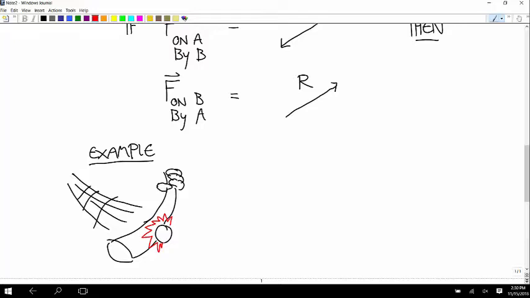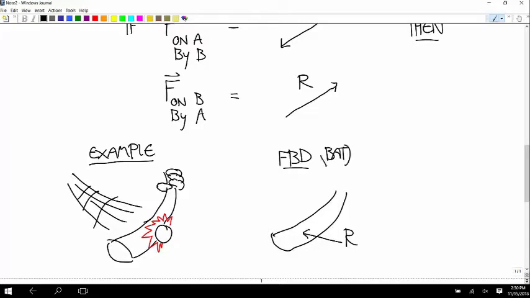Free body diagram of the bat would have a force this way applied by the ball, and the free body diagram of the ball would have the exact opposite force R.